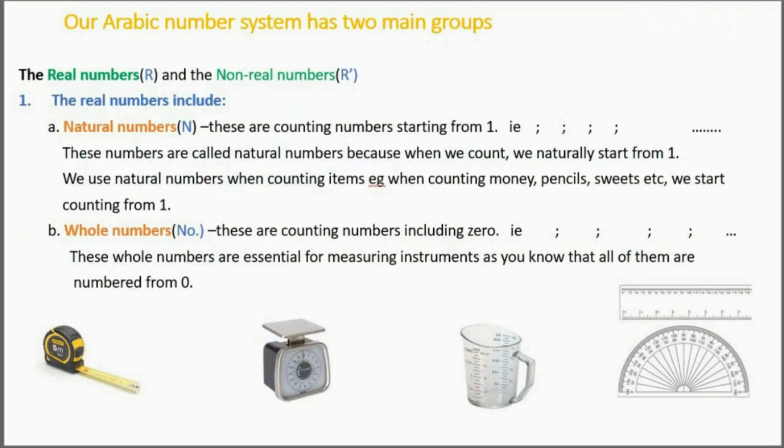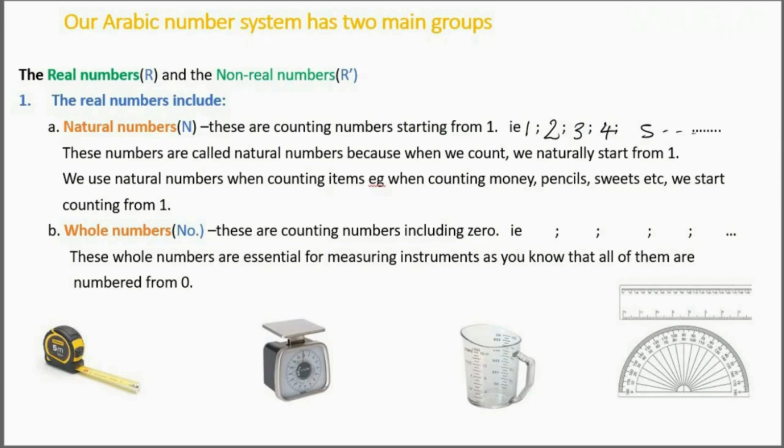Our Arabic number system has two main groups, the real numbers and the non-real numbers. The real numbers include, A, natural numbers, denoted by the capital letter N. These are counting numbers starting from 1. That is, we have our 1, and then your 2, your 3, your 4, your 5, and so forth.